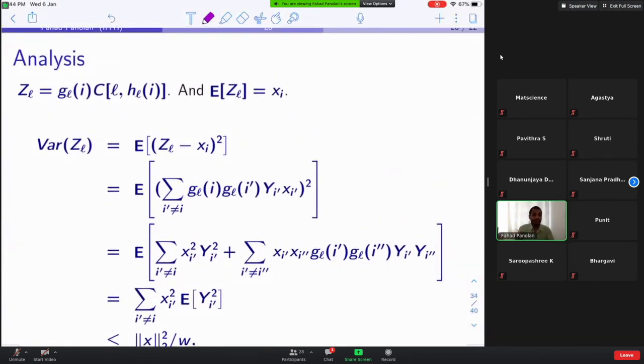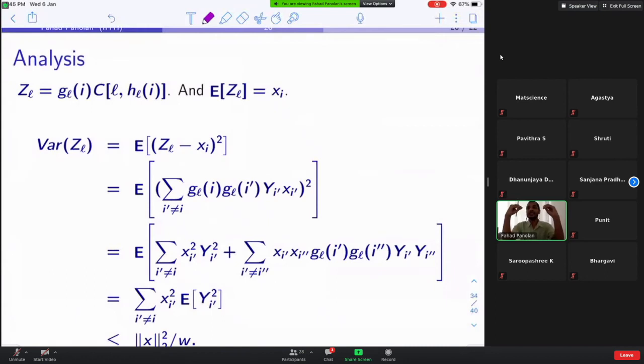Now, where are we aiming? We are aiming to apply Chebyshev and Chernoff. If you want to apply Chebyshev, you need to know the variance, the variance of ZL. ZL is our estimate, right?